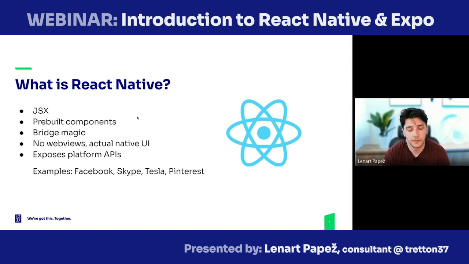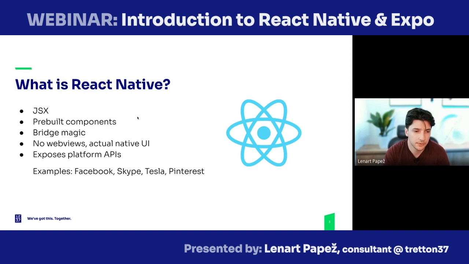A plus point for React Native is that compared to some of the other alternatives, such as Ionic, it uses actual native elements. It renders native elements instead of packing all of the views in a web view and then displaying it on the device.